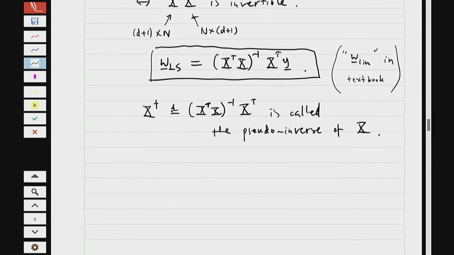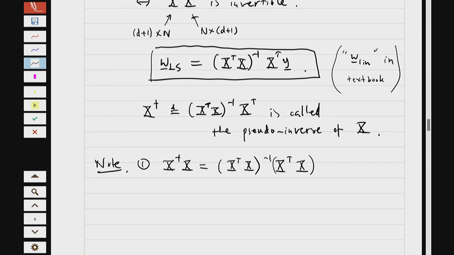Why is it called the pseudo-inverse? Let's see. A few notes. First of all, what happens when I multiply this X dagger by X on the right-hand side? Let's write it out. X transpose X inverse, X transpose. Now I multiply another X. I can use the associative rule to put these two together.